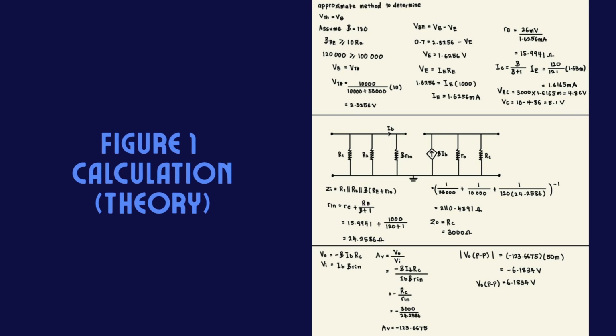So since we have all the values, we can find the VC, which is 5.1 volt.